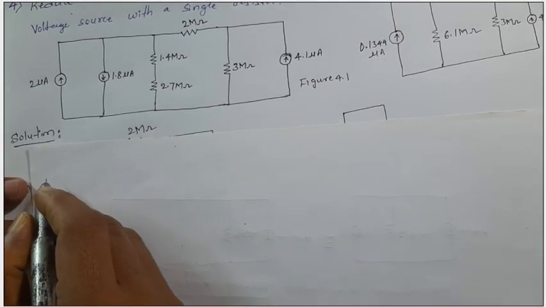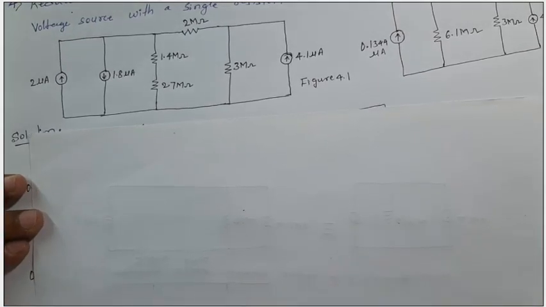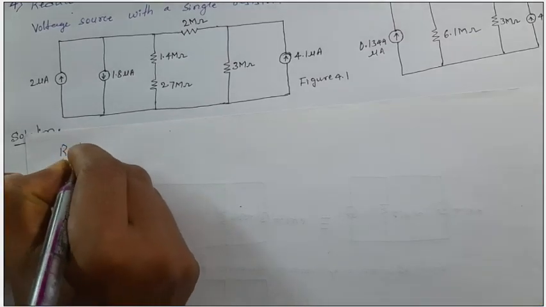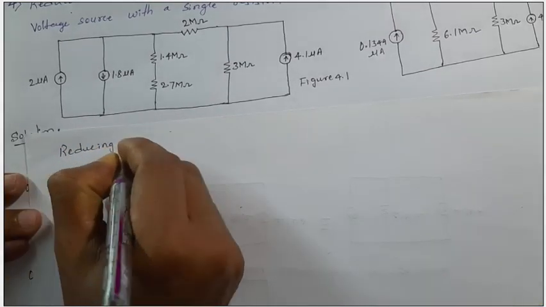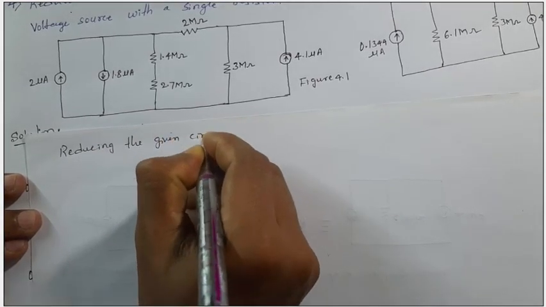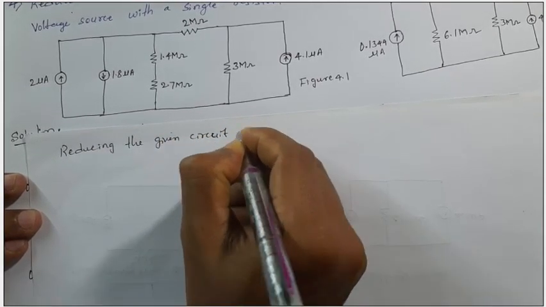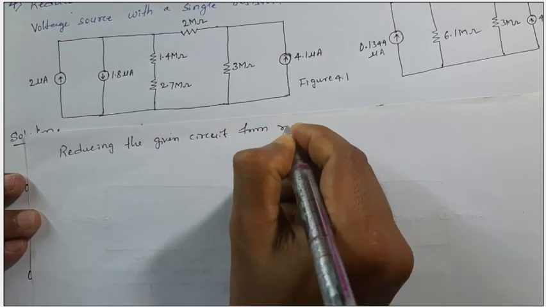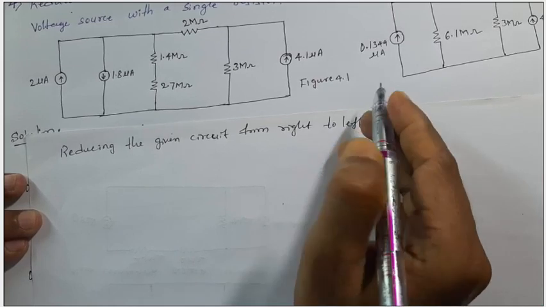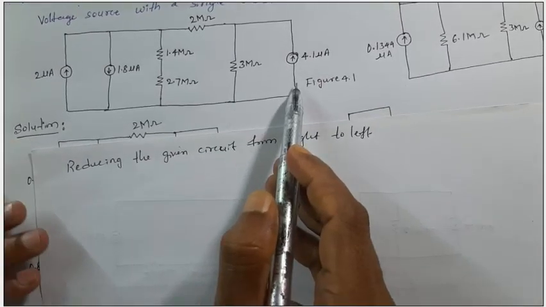So here I will write: reducing the given circuit or network from right to left. Right to left means, dear students, we should reduce from this point.